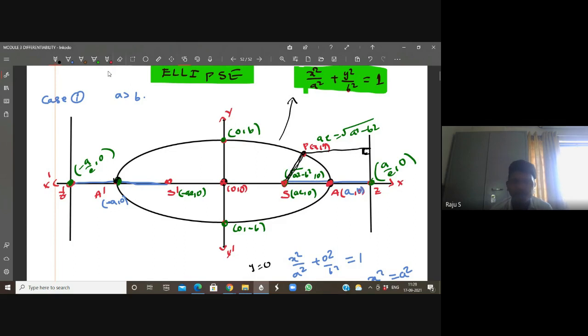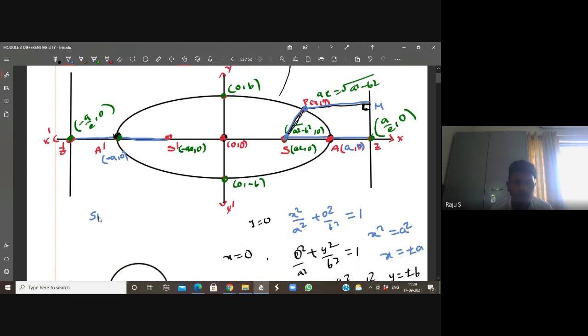Here, SP by PM: from S to P, and from P to this point I'm taking as M. This ratio SP by PM I'm taking as eccentricity. It is common in hyperbola, ellipse, as well as parabola. S is the focus, M is a point on the directrix, P is any moving point. So SP by PM is always E.